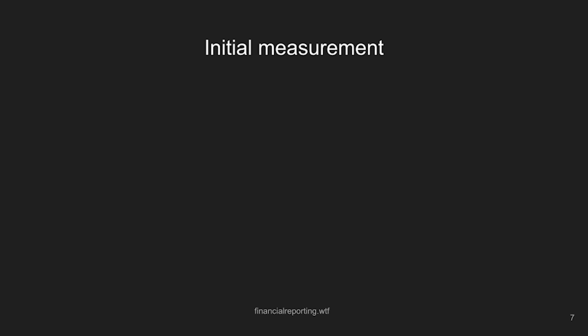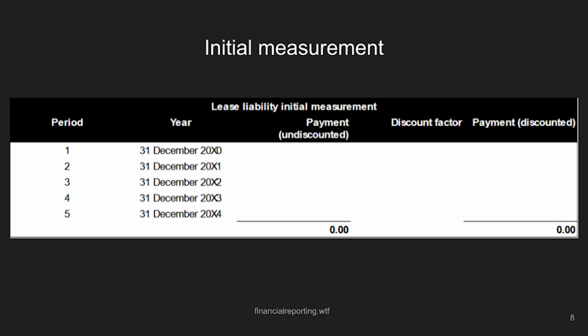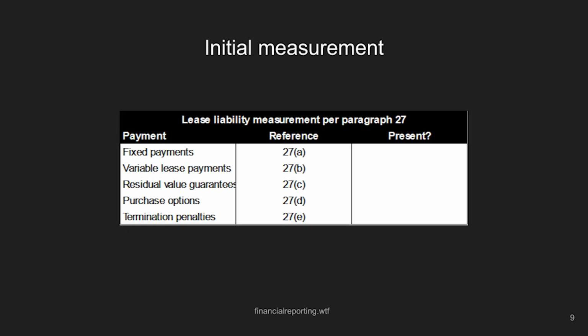First, we need to calculate our lease liability, as we normally would for a lease, by plotting out our cash flows over time and discounting them back to the present value. Now, when we think about our actual cash flows over the term of the lease, we can refer back to the scenario. We have fixed payments each period of $100,000 payable at the end of each period. We also have the lease purchase option payment to consider.